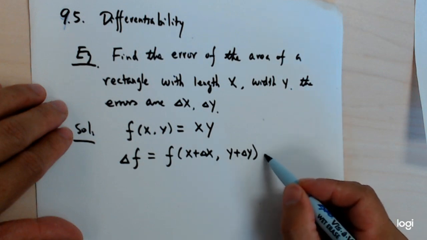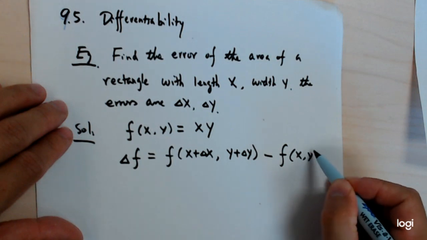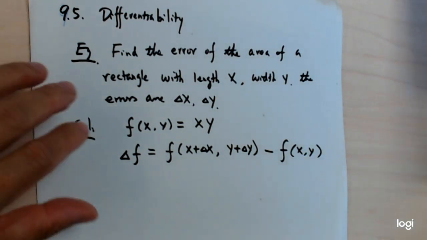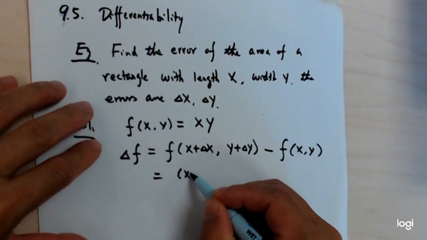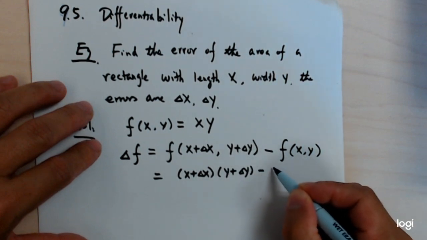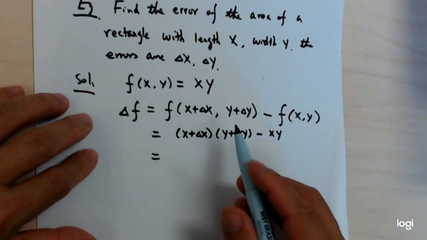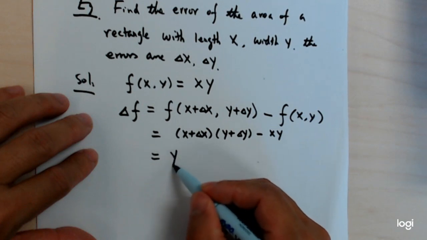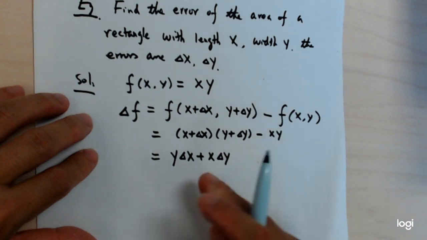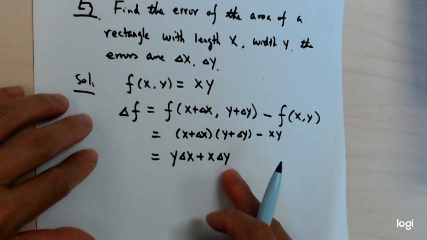So we're going to use this to subtract the actual area. And when you FOIL this out and subtract terms, you have this error part which appears to be linear. It's a linear function of delta x and delta y.